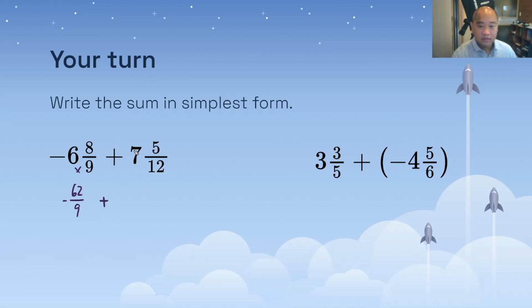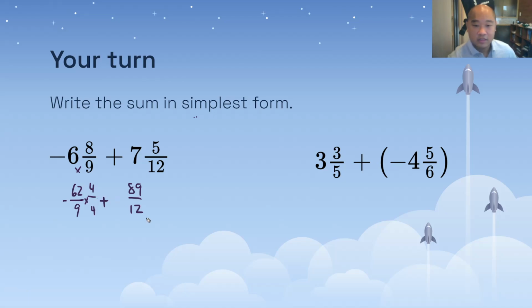And then 7 times 12 is 84 plus 5 is 89 over 12. Okay, so here we have, I don't know what it's going to be. I think it's going to be 36, right? Yeah. So we're going to multiply this by 4.